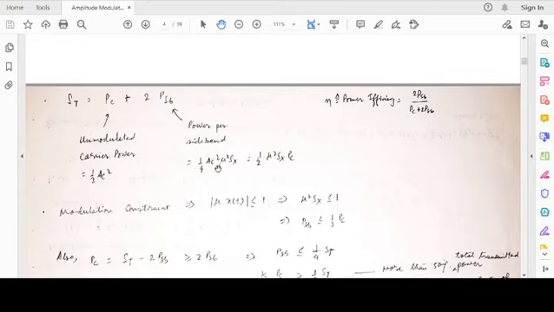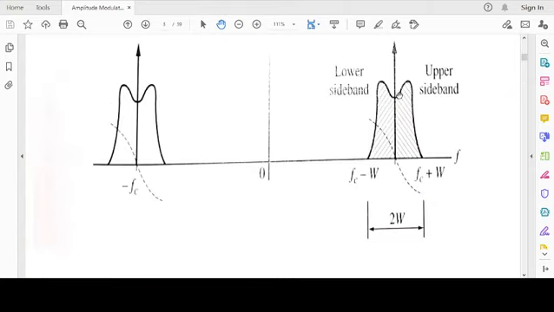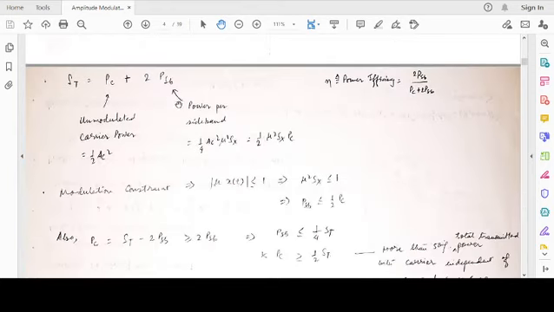It is 2 times because, as shown in the picture here, these are the two sidebands, upper sideband and lower sideband, and both of them carry equal power because they are symmetric in nature. So the power per sideband is basically 1/4 AC square mu square Sx.